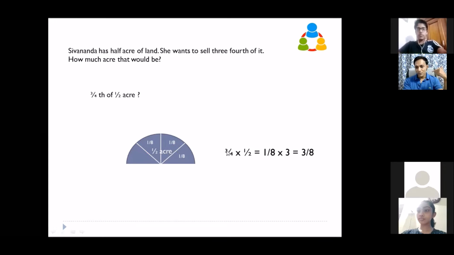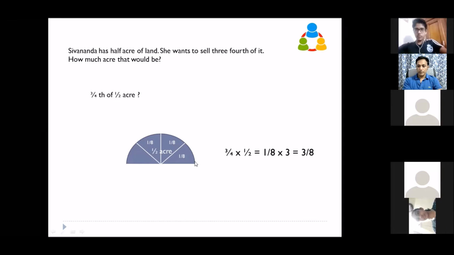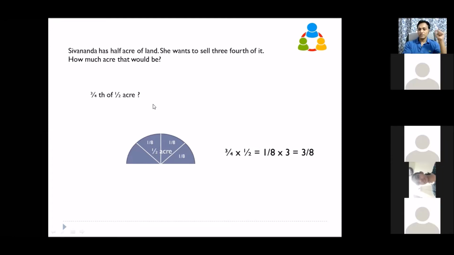And whatever is on the numerator, 3, that many pieces you will get. Yeah, all of you? Okay, right. So we are not trying to find out 3/4 into 1/2. That all of you have seen, maybe learned in LP or UP. We are trying to see where that operation is coming from.